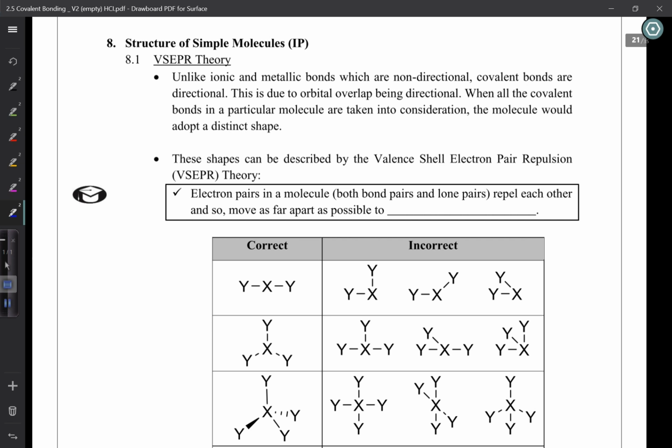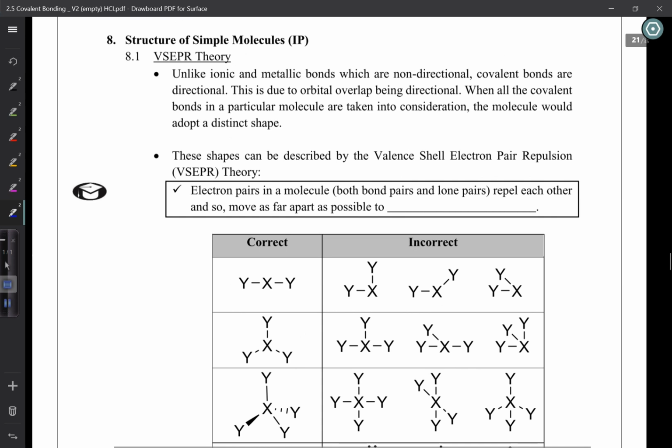That's because after you learn about the shape, together with the bond polarity concept, then you can predict whether the molecule itself is polar. Previously, we learned about the bond being polar. So after this, we'll learn how we determine if the molecule is polar. And after we determine whether the molecule is polar or not, then we can talk about intermolecular forces. So it's all stepwise. So it's actually very difficult to plan this chapter.